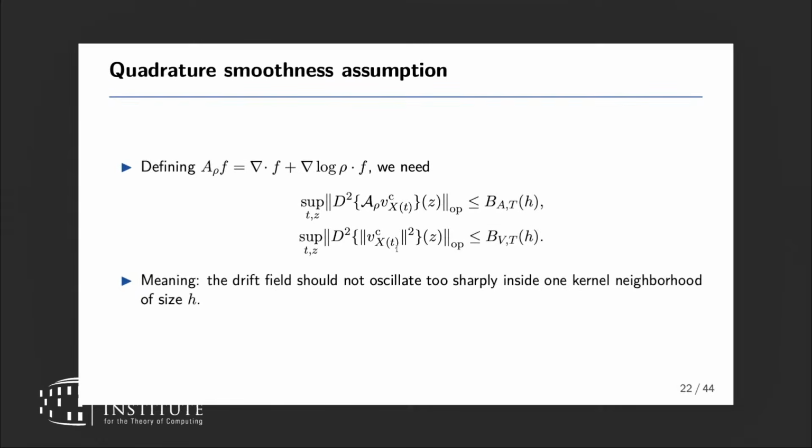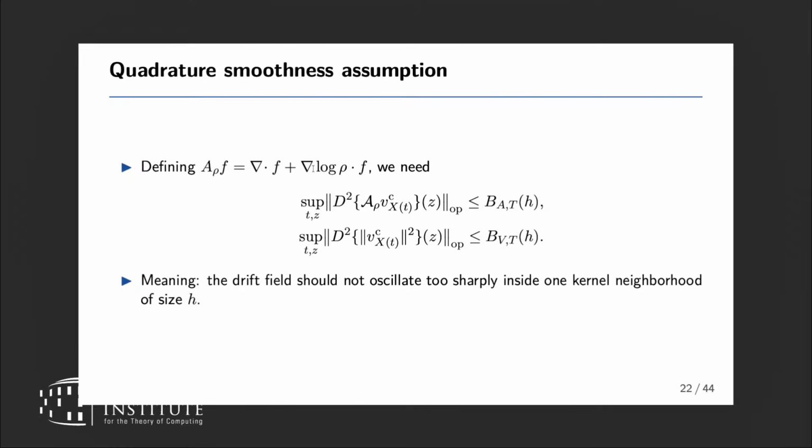And then we are also going to make some smoothness assumptions on the velocity field itself. For any function f, you can define the Stein operator of that function as the following: the divergence of f plus the grad log rho dot f is the standard well-known Stein operator.